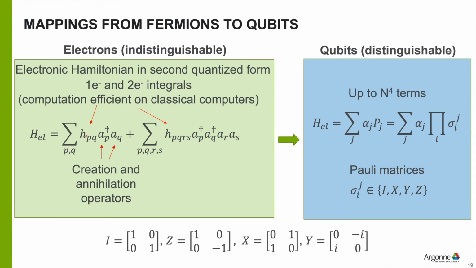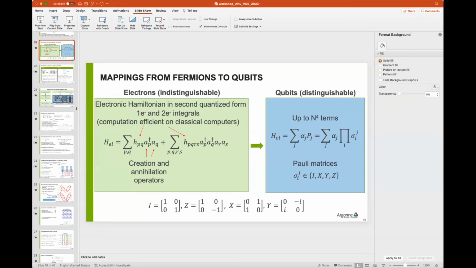Depending on the mapping, it will be slightly different, but it's not a one-to-one correspondence. They are different coefficients.